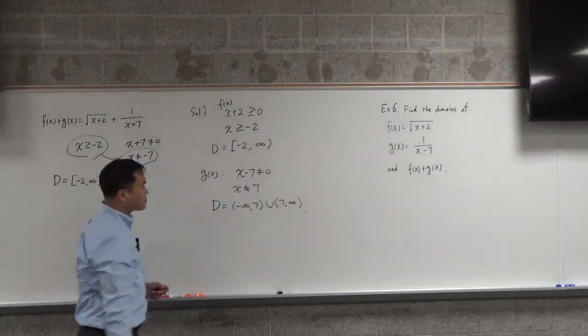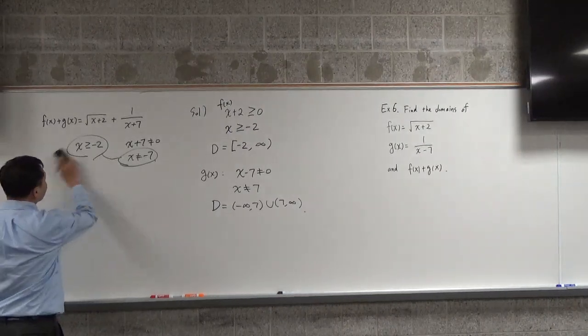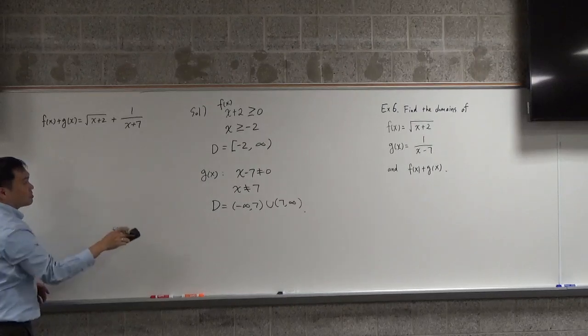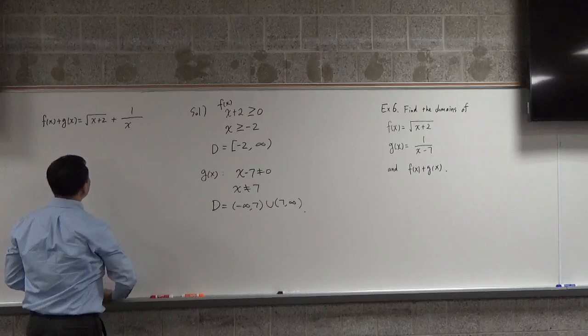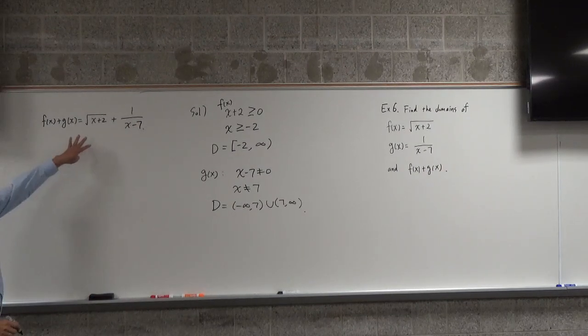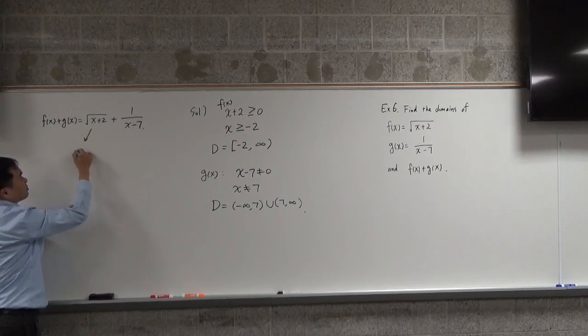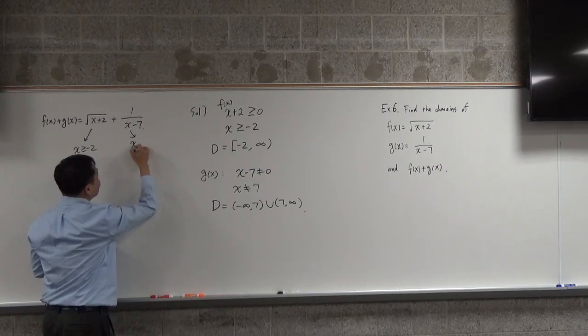Okay? So that part is not that surprising, but here's where there's a big difference between this example and the previous one. So if we add the two, we have this as the function, and this part requires that x has to be negative 2 or greater. This part, we just determined that x cannot be 7.